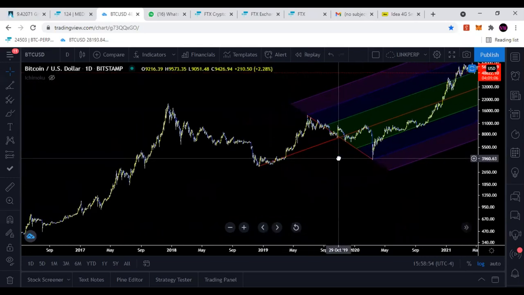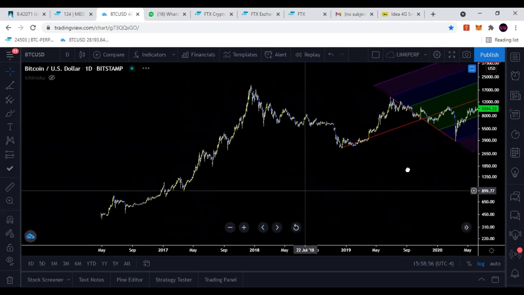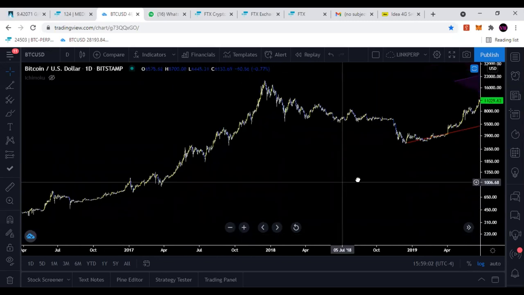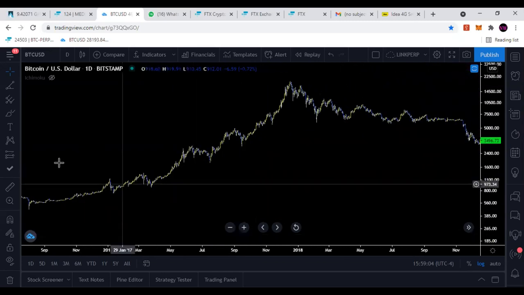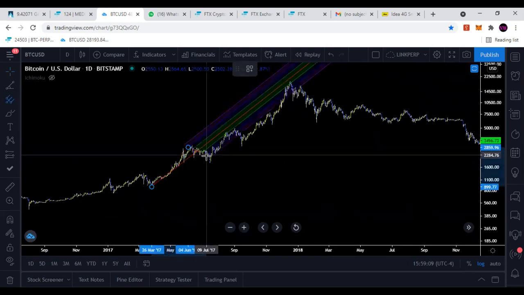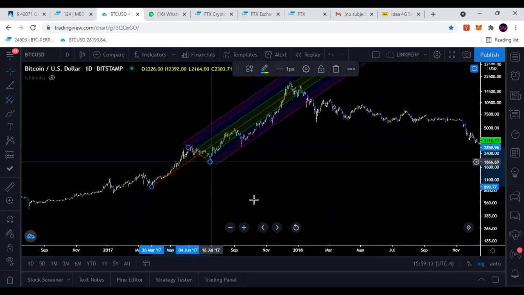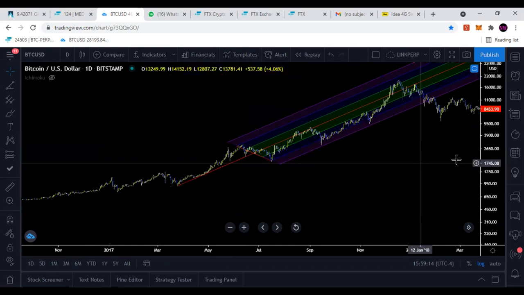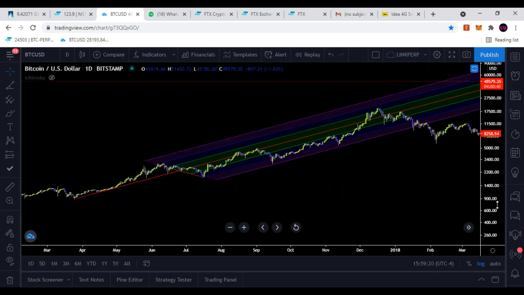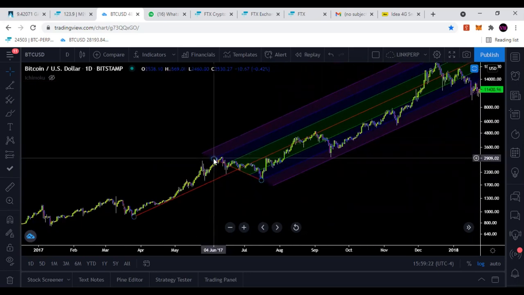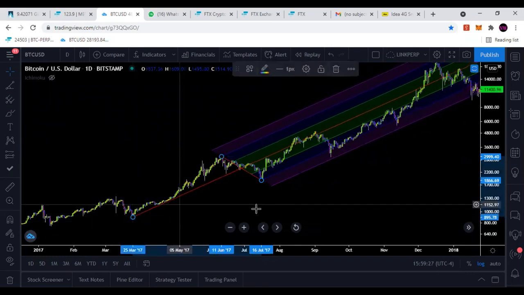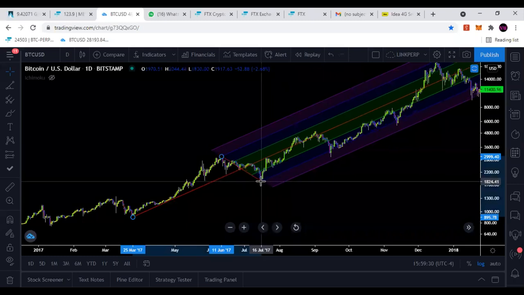So I actually used this, I think, in the previous bull market. Yeah, around here, if I'm correct. You can see it. So this can be adjusted to this level and this level here, and you bring this down back here.